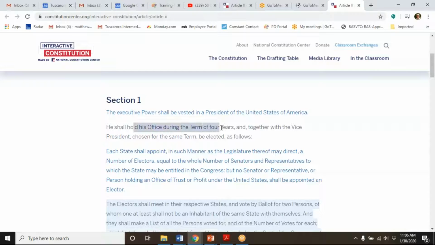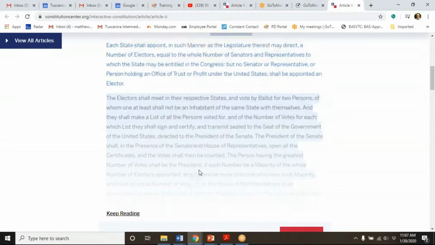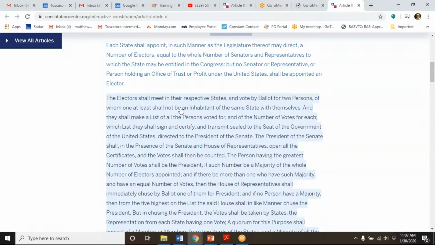He shall hold his office during the term of 4 years, and together with a vice president chosen for the same term, be elected as follows. And then it describes, very vaguely and in general terms, how the process works.